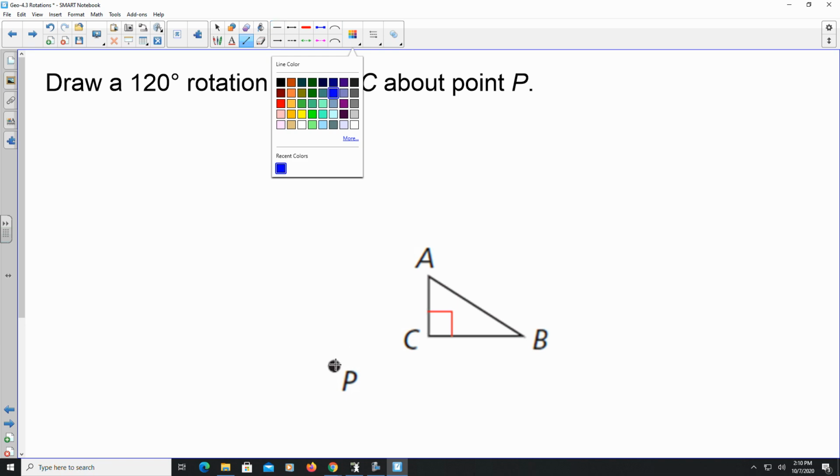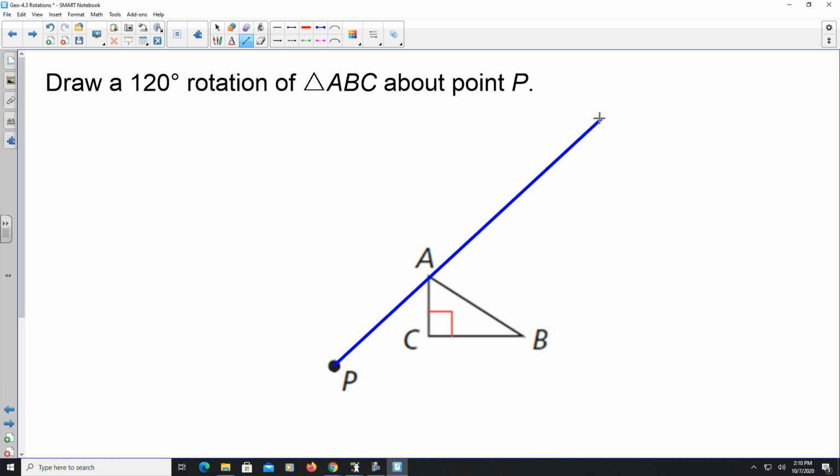I'm going to use my straight edge and make a line segment from P to A, and I'll extend it a little bit more so I can show you why.